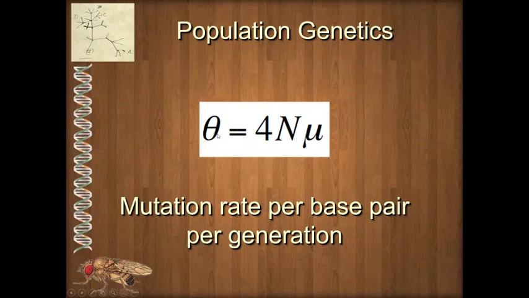If everything is neutral, then theta, the genetic diversity, for diploid populations should be 4 times the population size, everyone that reproduces, so we may even want to put a little e under here for effective population size, which is only the individuals that contribute to the next generation. But it would be 4 times the population size times the mutation rate. That should be what the genetic diversity is.